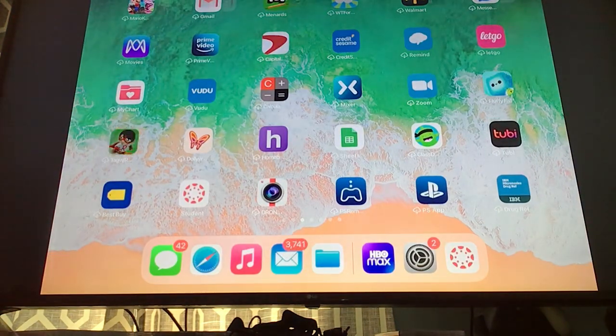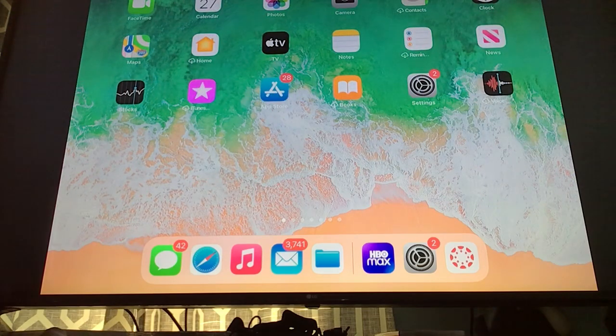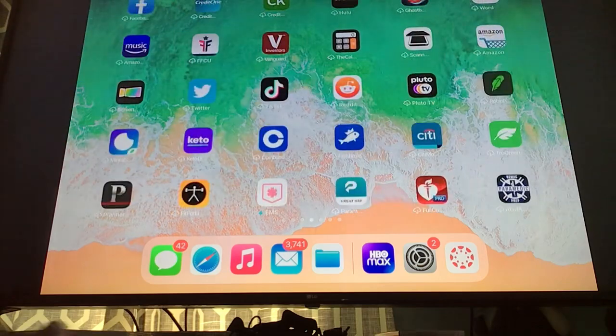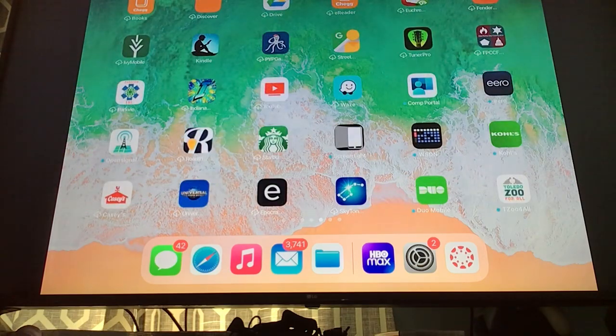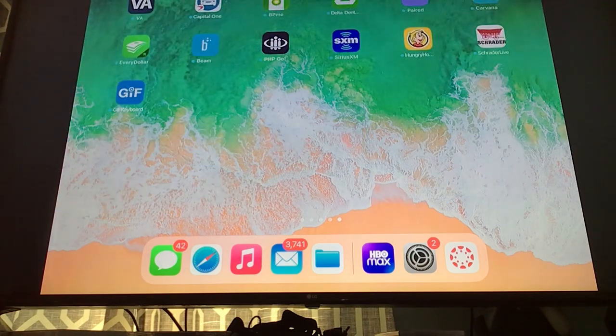And I apologize because this is my husband's iPad, but I was trying to see if he had that app downloaded. There is a Desmos calculator.